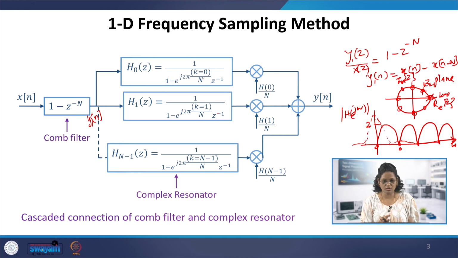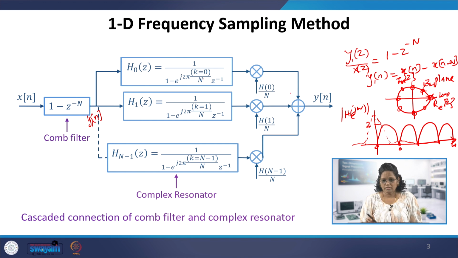If the set of frequencies from 0 to the second harmonic is to be passed for a low pass filter, and above the second harmonic is to be removed, then we can have these resonators 0, 1, 2 here in cascade with the comb filter, with coefficients H0, H1, H2, where N is the number of samples we use in the filter structure.